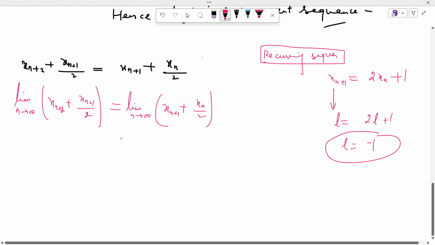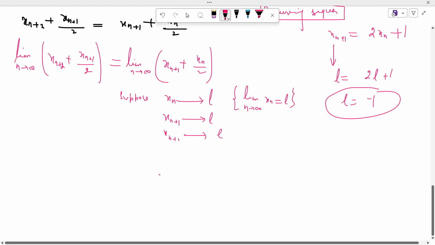Keep in mind, suppose x(n) goes to L, this notation means exactly that limit as n tends to infinity of x(n) is equal to L. Then x(n+1) also goes to L, and x(n+2) also goes to L. So this limit exists.